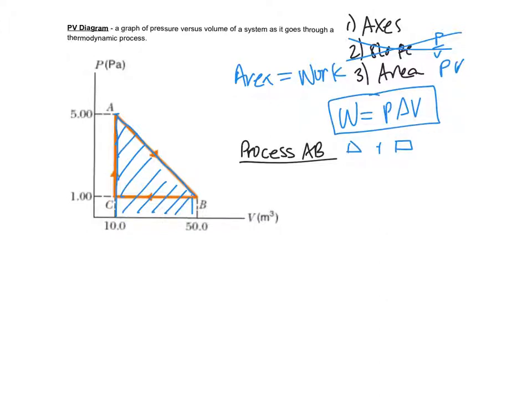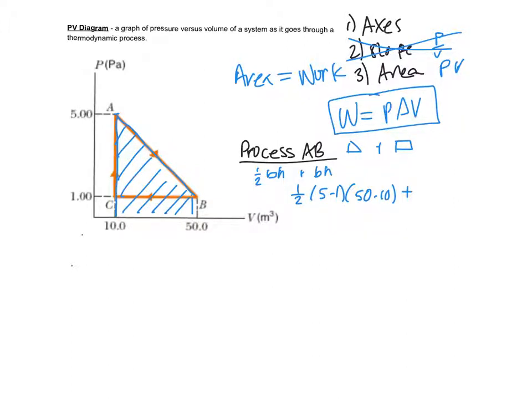To get that area, I'll do 1/2 base times height plus base times height. Now I just need to plug my numbers in. Let's do the height first. So 1/2 the height, 5 minus 1, times 50 minus 10, and that gives you the change, plus the base times height of the rectangle.